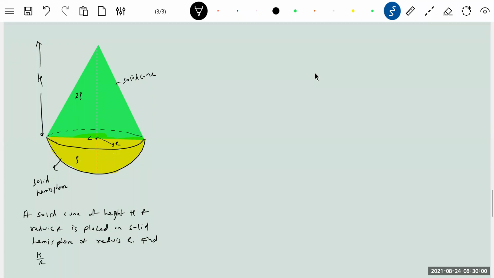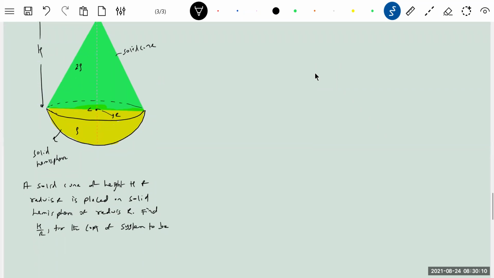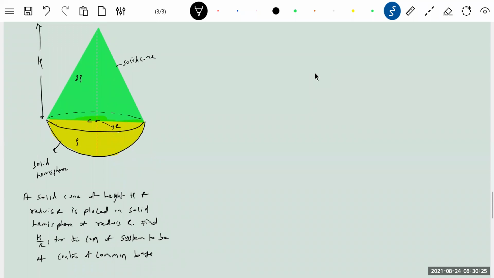Find h by r for the center of mass of the system to be at the center of the common base. This is the condition. So the center of mass of the system should be at C.